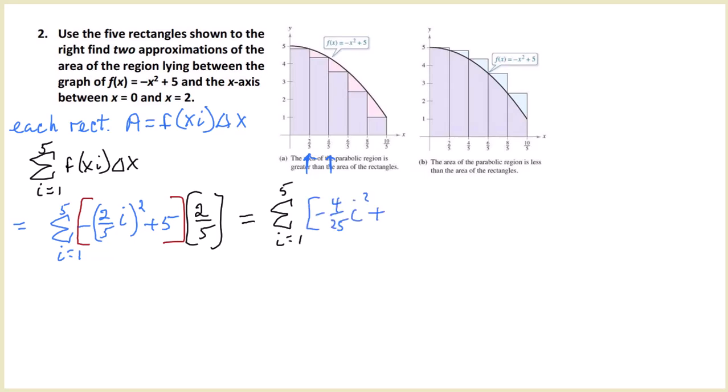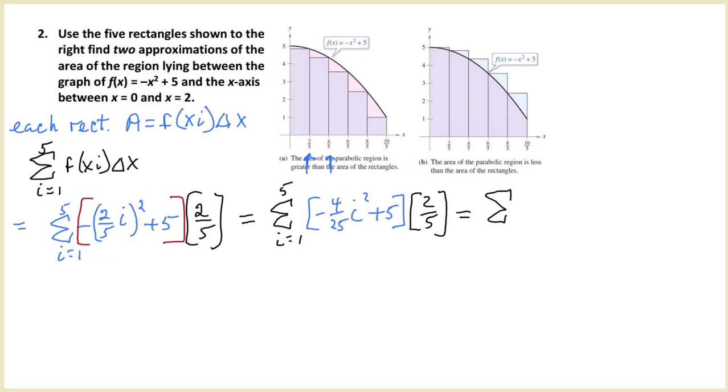So I go ahead and square what's inside the parentheses, and I'm getting negative 4/25 i squared. The 5, notice, is not being squared. The 5 is that constant being added to the rest of f of x. Now I'm looking at that and I've got negative 4/25 i squared, and I've got 2/5 multiplied times everything inside there.